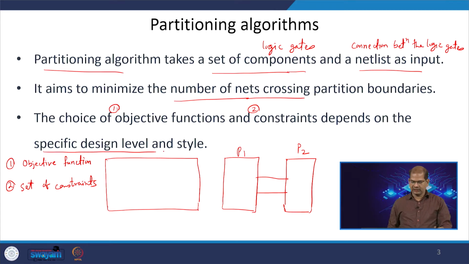What is the design style? And different design levels. Design level means whether you are going by architecture level of design, logic level of design, or physical level of design.